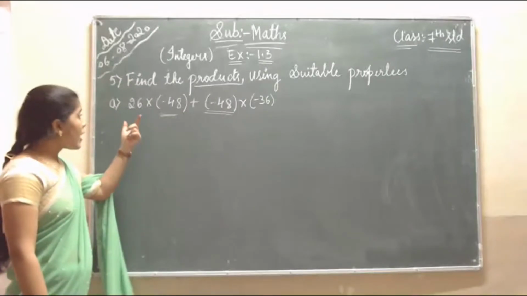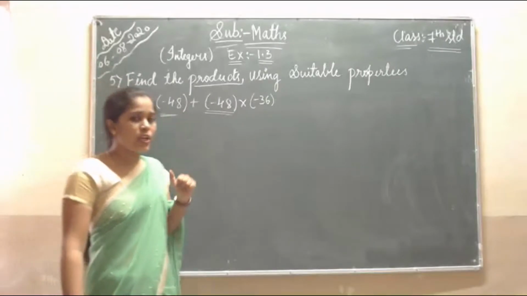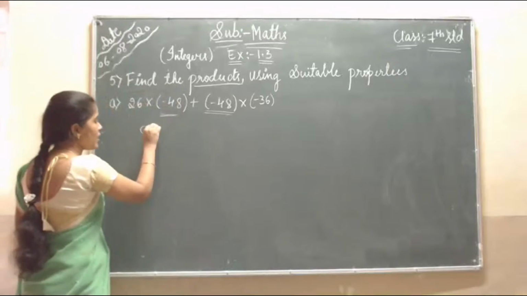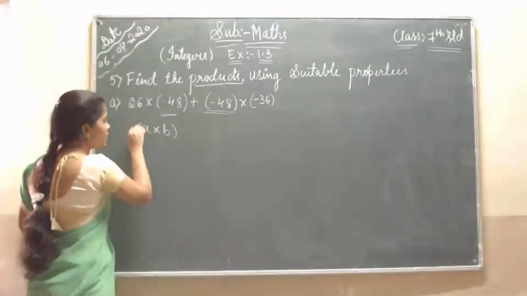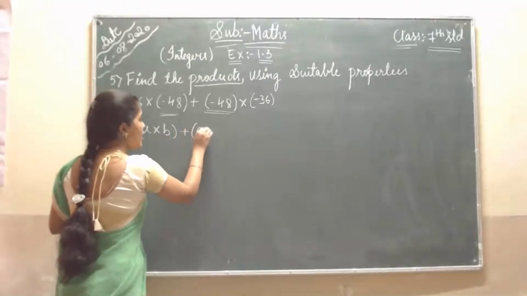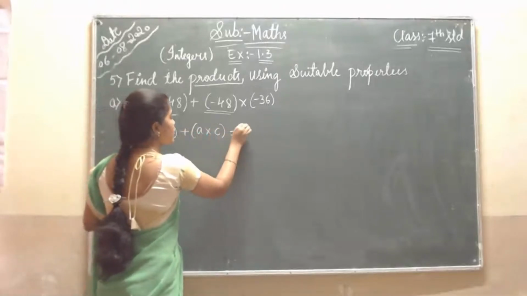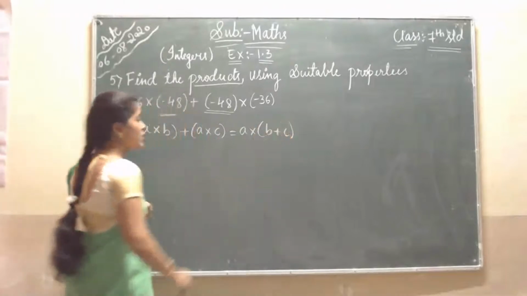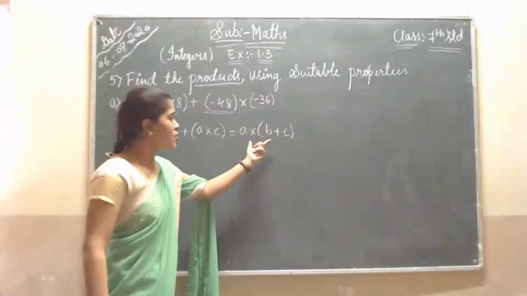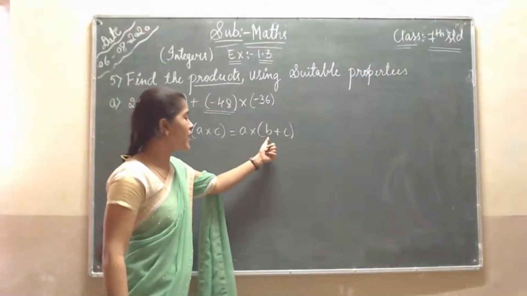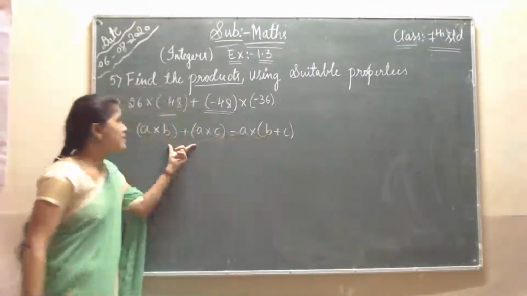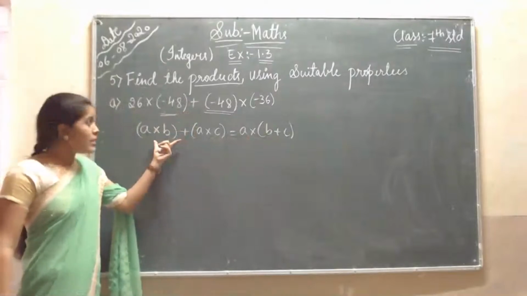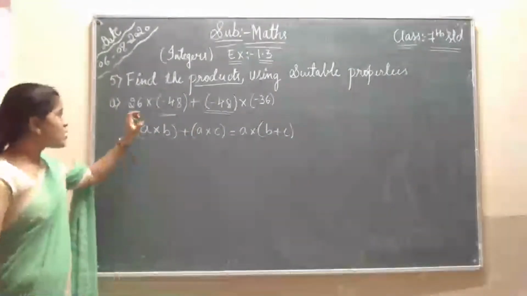So here, A into B plus A into C. This is, yes, distributive property. A into B plus A into C equals A into B plus C. This is distributive property. Here we are distributing these A into B plus A into C. This is answer. The question is in this form. Okay. Don't get confused.